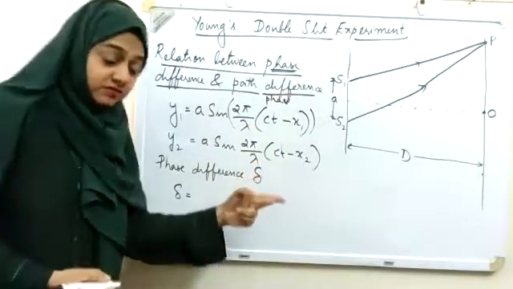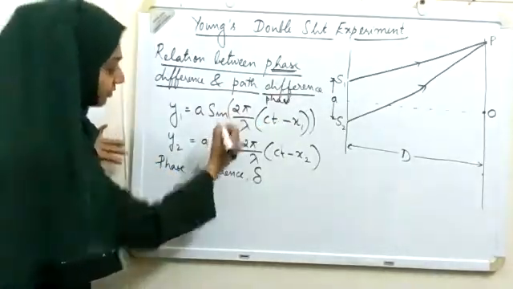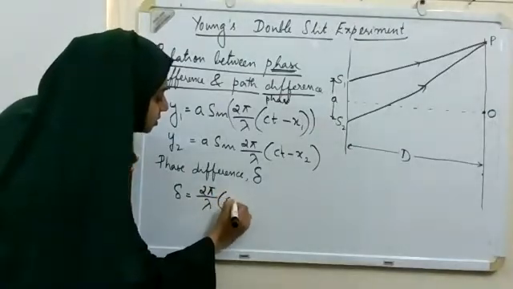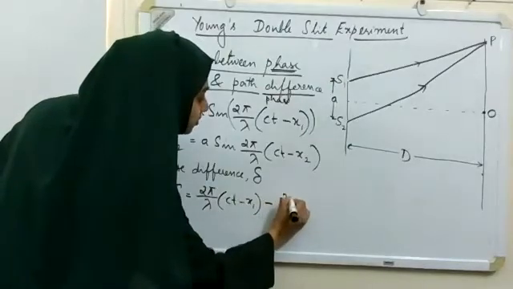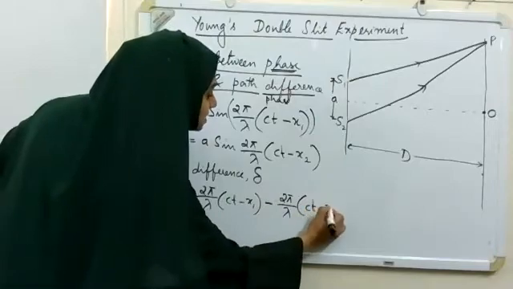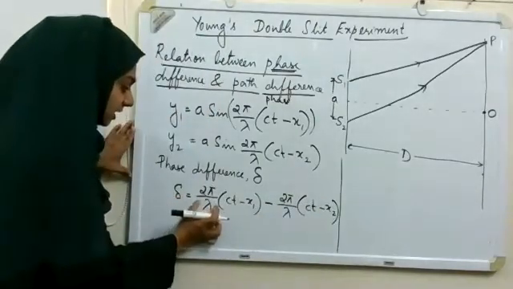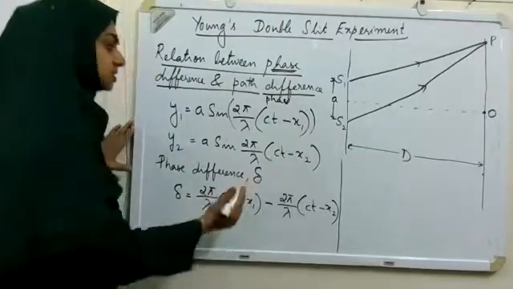That is the phase difference because this angle is called phase. So delta is equal to 2 pi by lambda into (ct minus x1) minus 2 pi by lambda into (ct minus x2). So let me just expand this, taking 2 pi by lambda into the brackets.